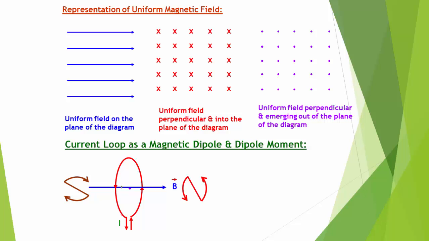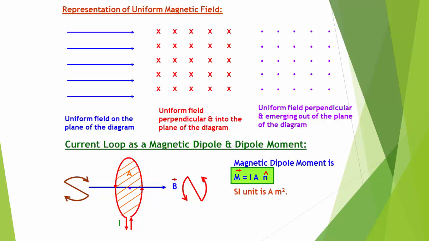When the current is in the clockwise direction, that face acts as a south pole. When it moves in the anti-clockwise direction, this acts as a north pole, right? And this is the area of that current carrying circular coil.